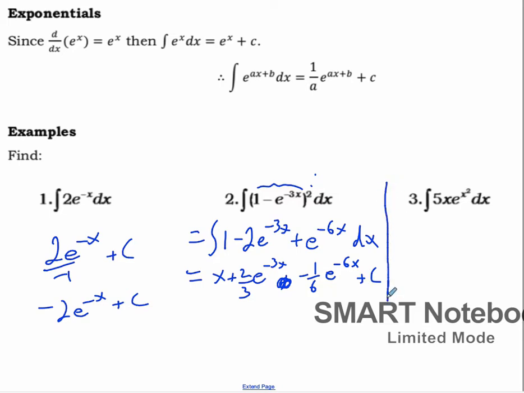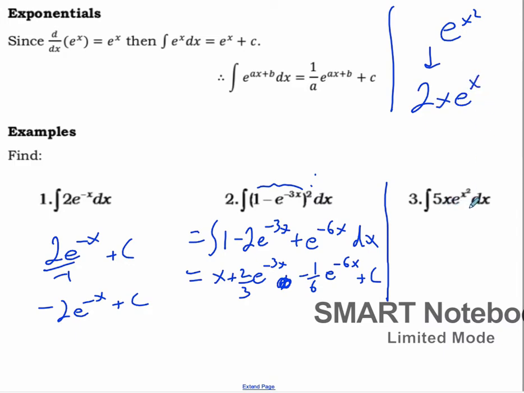Now the last one, be careful. This is a product of two functions, so you can't just add 1 to this exponent, and you can't integrate them separately. But notice that if you had e to the x squared, then the derivative is 2x e to the x squared.